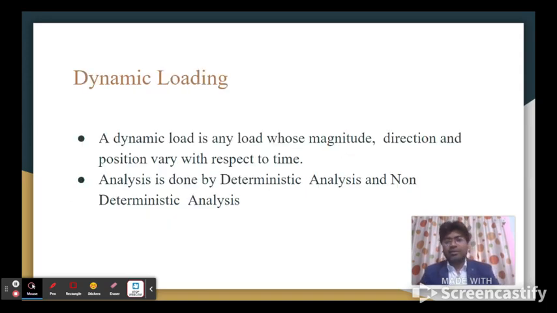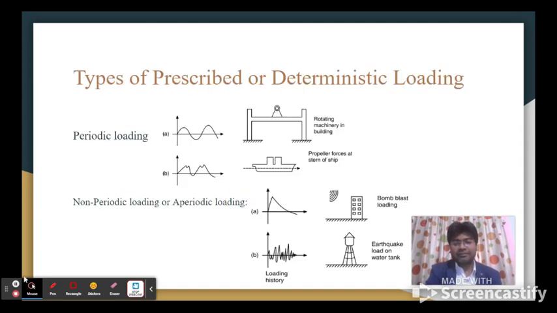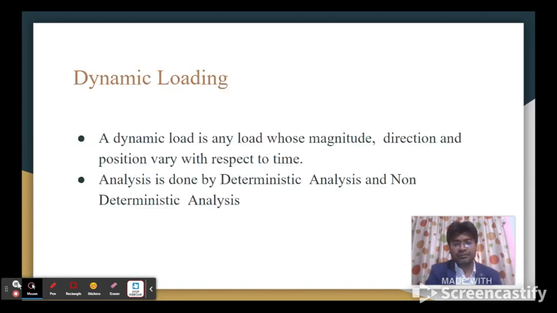Now, what is dynamic loading? See what happens. As written here, a dynamic load is any load whose magnitude, direction and position vary with respect to time.